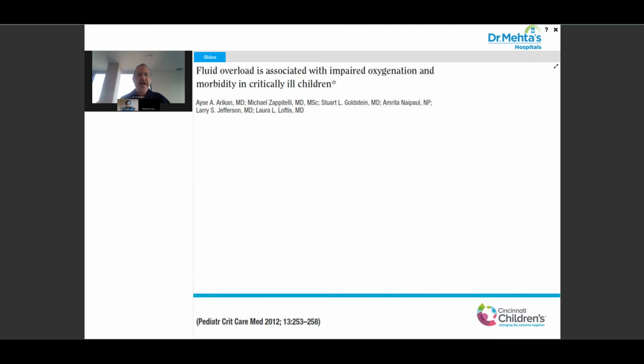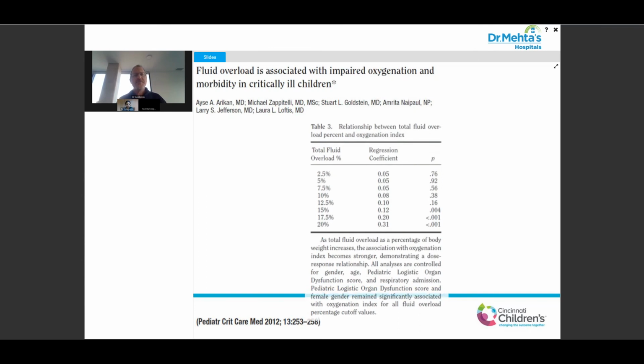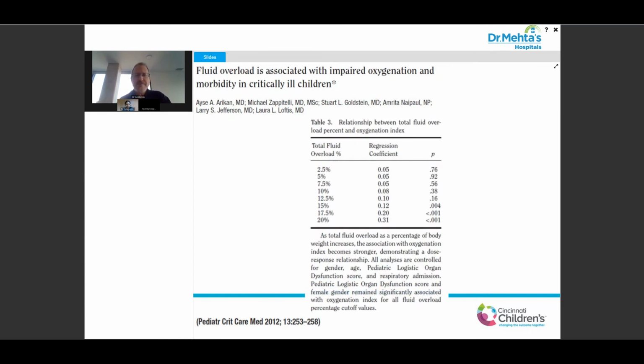So what do we think's going on here? Well, Dr. Aisha Ericon at Texas Children's Hospital looked at fluid overload and oxygenation index in critically ill kids who were intubated and ventilated, but not on renal replacement therapy.